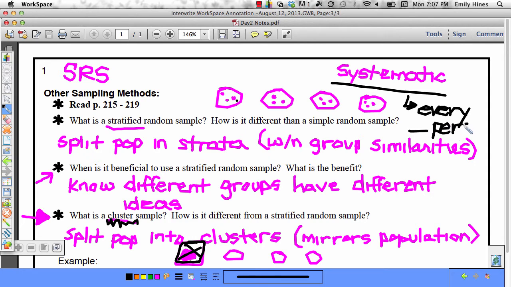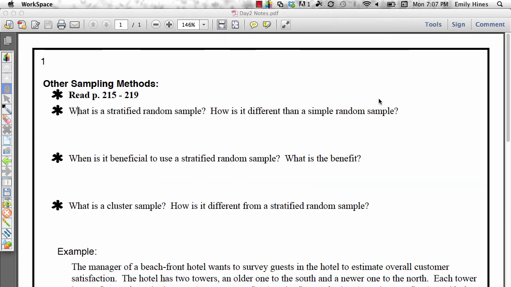Every third person, every fourth person, every fifth person. No matter what happens, you count, and every fifth person, you ask them your questions. If they say no, then you count 5 more and ask that person. Whatever number you choose, that many people, you ask your questions. That is what a systematic sample is. This one is not going to be on any test or anything. I just want you to know about it because it's a popular one and it's very handy.